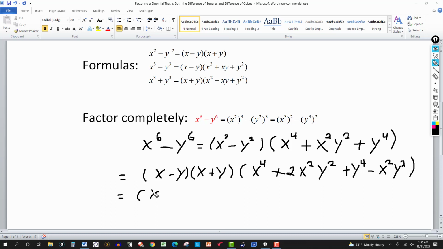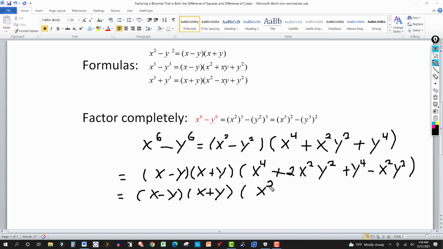This obviously is going to stay the same, x minus y, x plus y. And then I'm going to rewrite this here. X to the fourth plus 2x squared y squared plus y to the fourth. That can be factored into this.